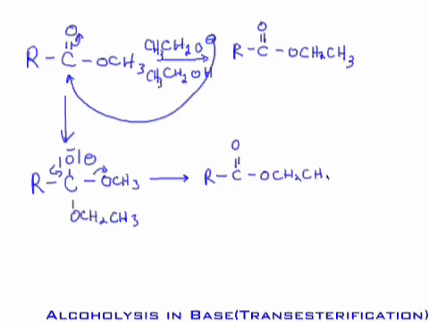And just like we did with water, we can isotopically label this and confirm that it's going through, or at least confirm it's not going SN2, and support the nucleophilic acyl substitution reaction. So if we label, for example, label the ethoxide and use labeled ethanol.